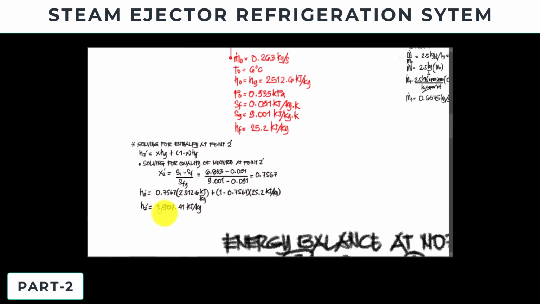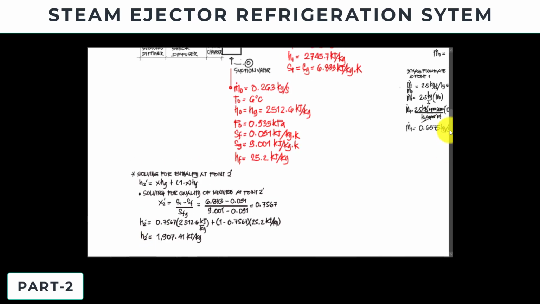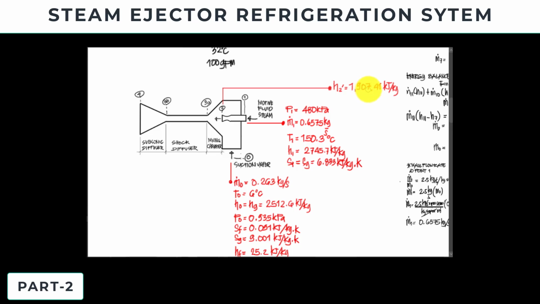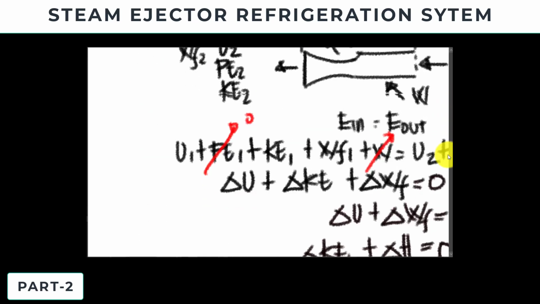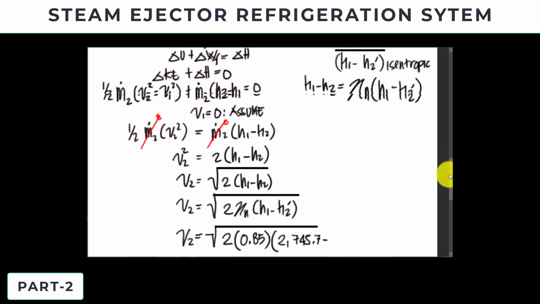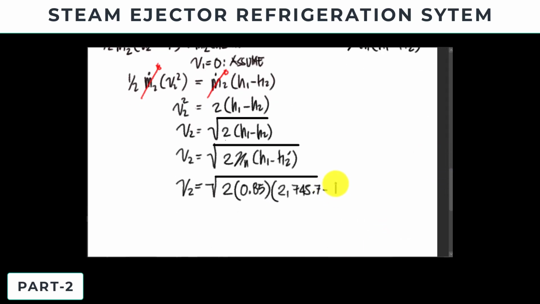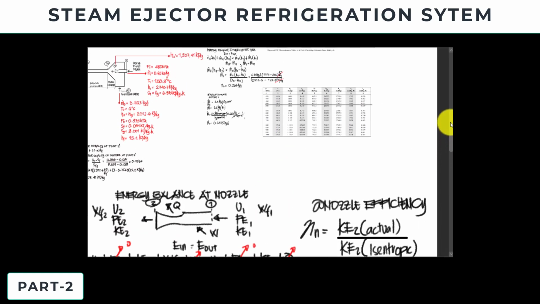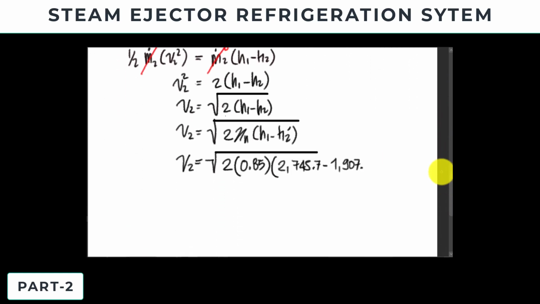Now for the enthalpy 2 prime, we have the calculated value, which is 1907.41 kilojoule per kilogram.